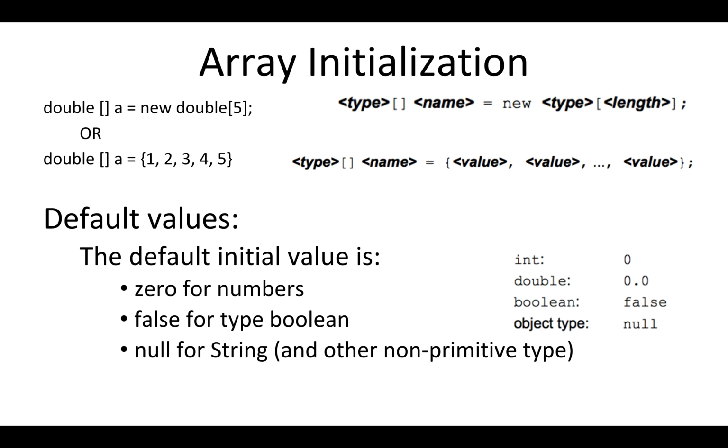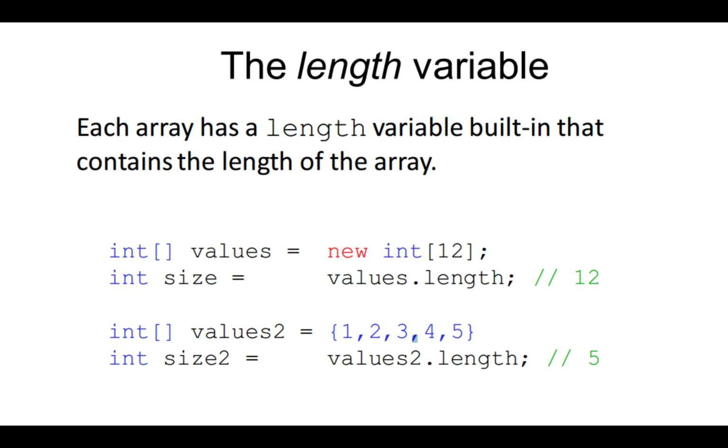So that's how you initialize an array, and those are the default values depending on the type of array you create. When you have to try and find the size of an array, you use the parameter length. Every array has a length variable built in that keeps track of how big the array is, and this value of length is set when you initialize the array.